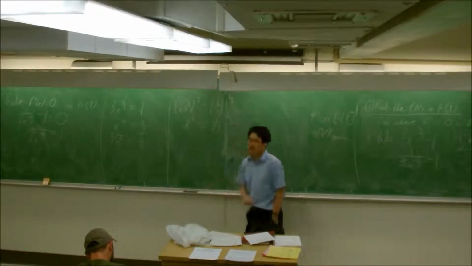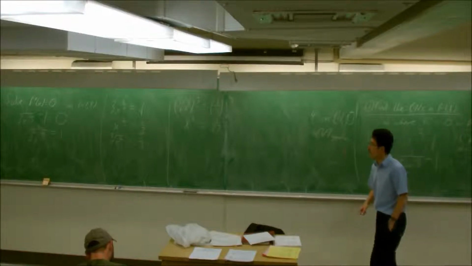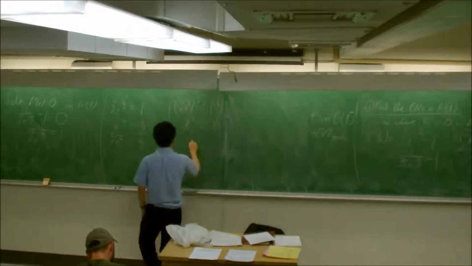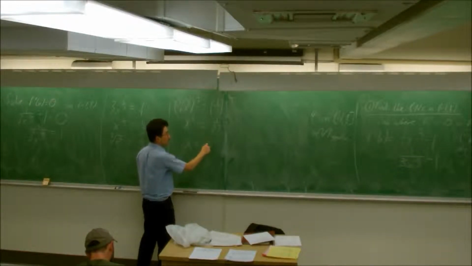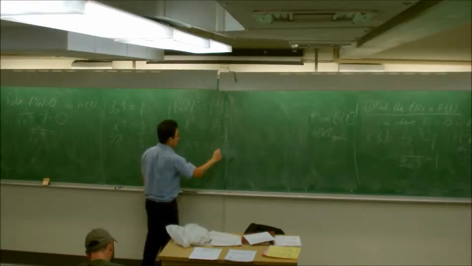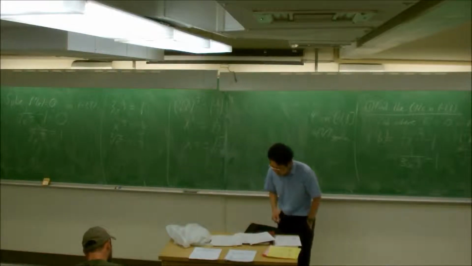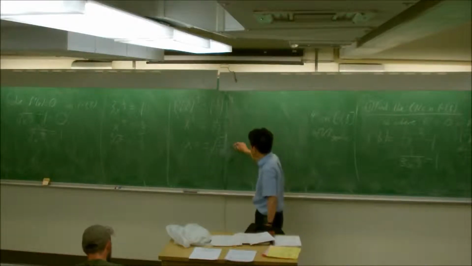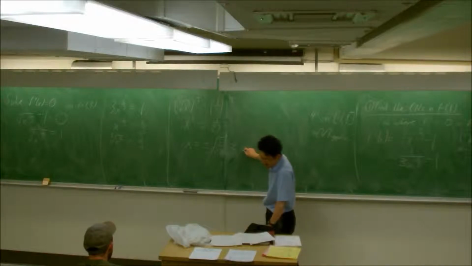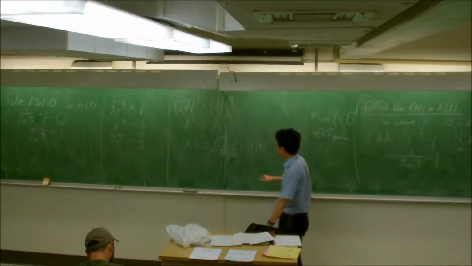Questions so far? So x equals plus or minus square root of 1/27. If you want, you could rationalize that, but I'm not going to bother. I'll just say this is about plus or minus 0.192. I'll just approximate this one.